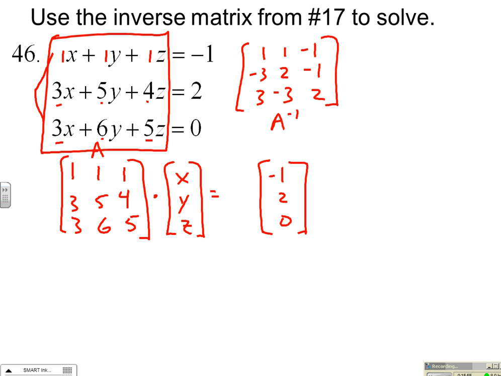Now, if we were solving this equation, 4x equals 7, we would divide both sides by 4. Alternatively, we could multiply both sides by 1/4, and we get x equals 7/4 either way. Now, we can multiply by 1/4 because 1/4 is the multiplicative inverse.